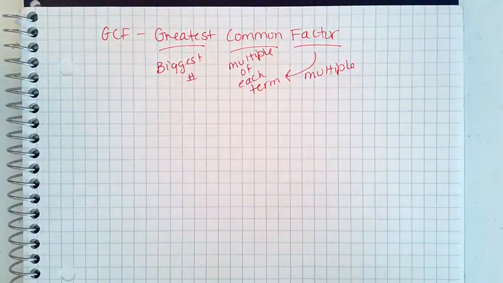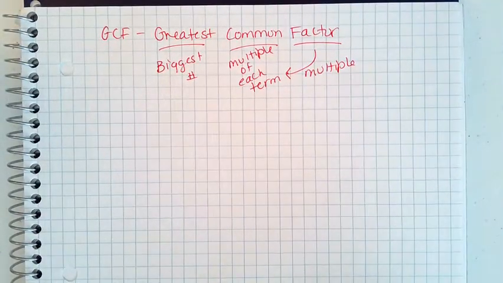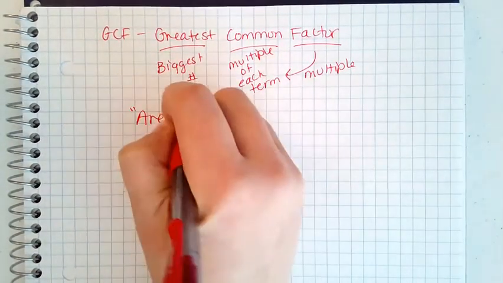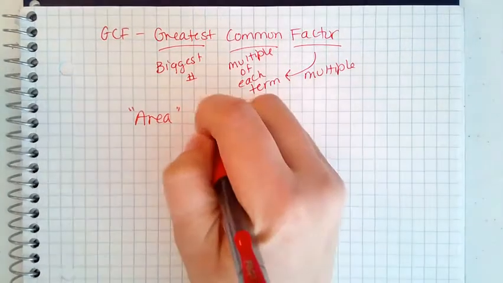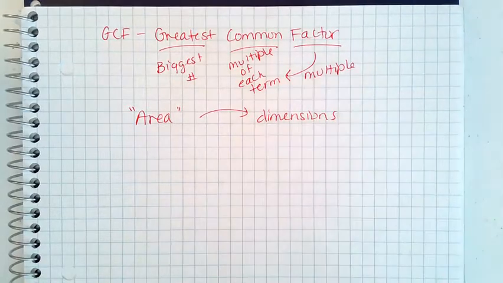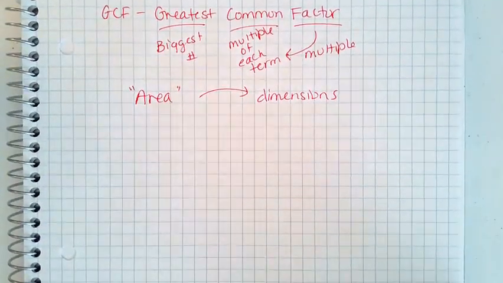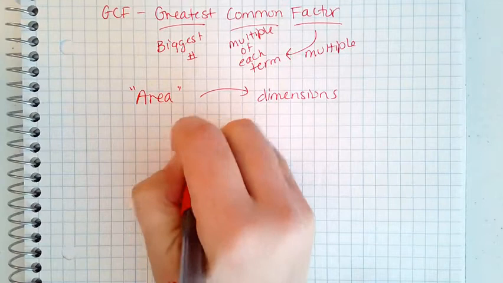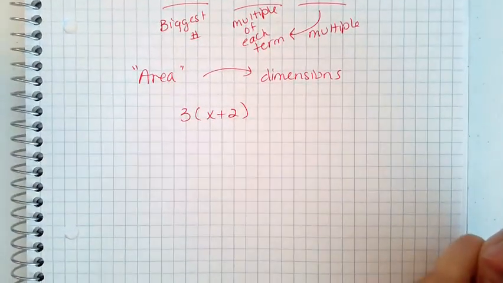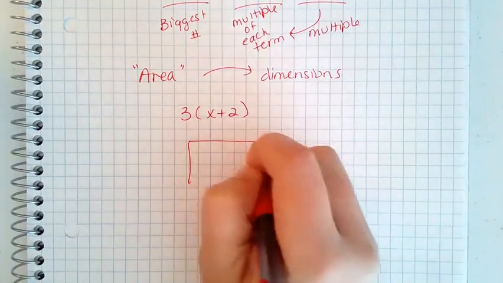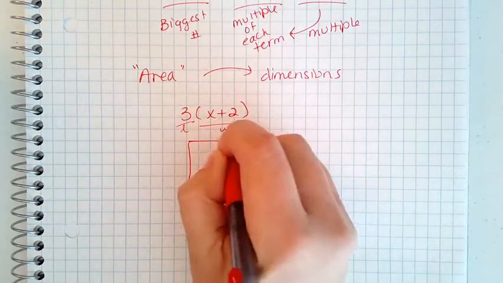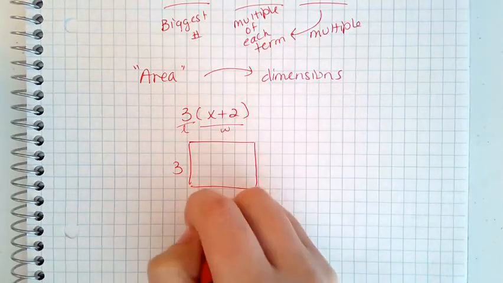Okay. So what we're trying to do is we're taking the area in our model and we're looking for the dimensions. So what you remember is we started with problems like 3 times (x plus 2), right? And when we looked at a problem like that, what this gave us was our dimensions. This is our length and this is our width. So we had 3 and then we had x and 2.